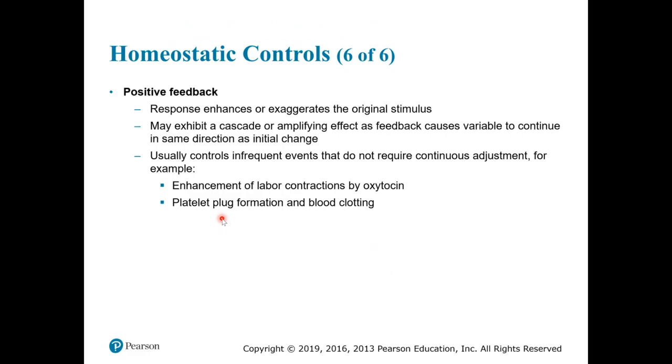When a woman is getting ready to give birth, sorry guys, can't give birth, the pituitary gland releases a hormone called oxytocin, which enhances labor contractions. It makes them stronger. Those contractions of the uterus in turn send feedback to the brain, and the brain releases more oxytocin. And this goes round and round in a so-called snowball effect.